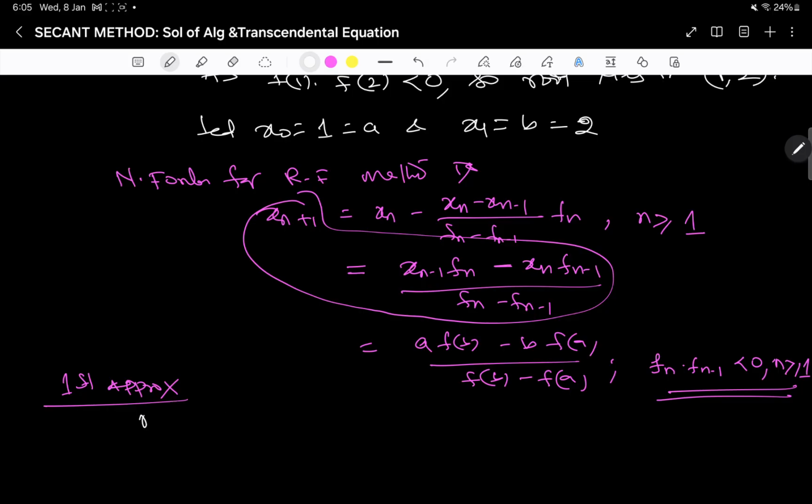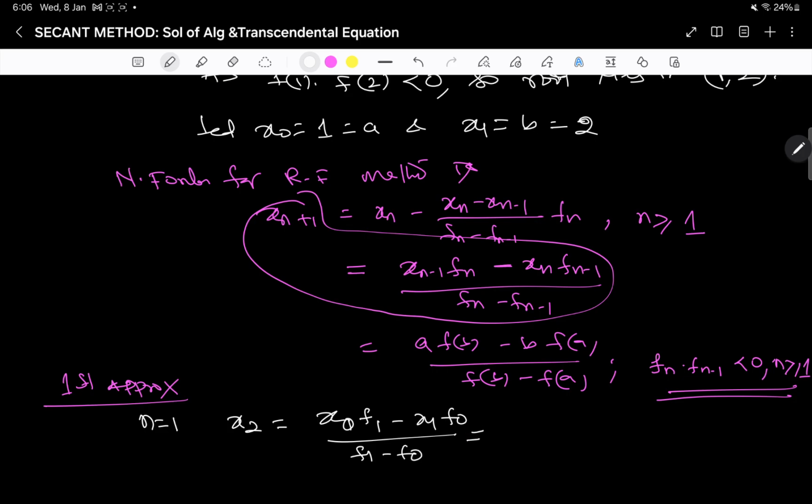we have n equal to 1, then x2 is equal to (x0 f1 minus x1 f0) by (f1 minus f0).